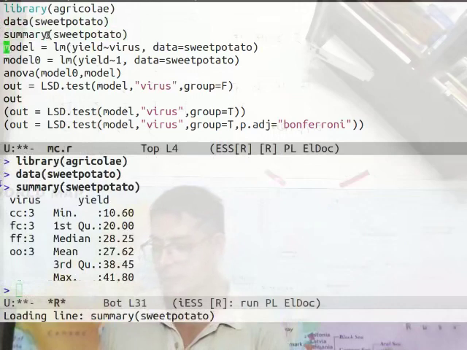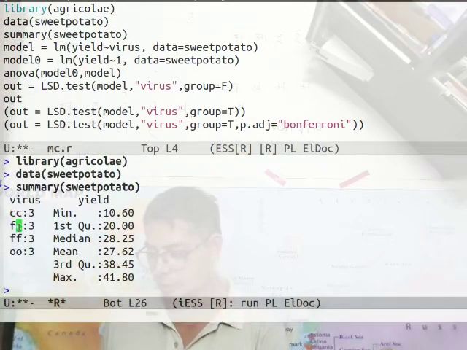So here we have the summary. Virus, there are these four possible strains. OO means no virus, and FF means the same virus, that F virus and C virus both present, and only C virus present, and everything is repeated thrice, and for yields, we have all these values.